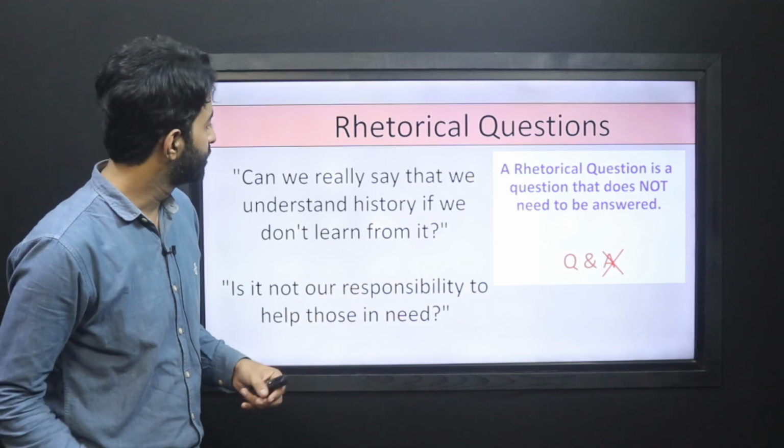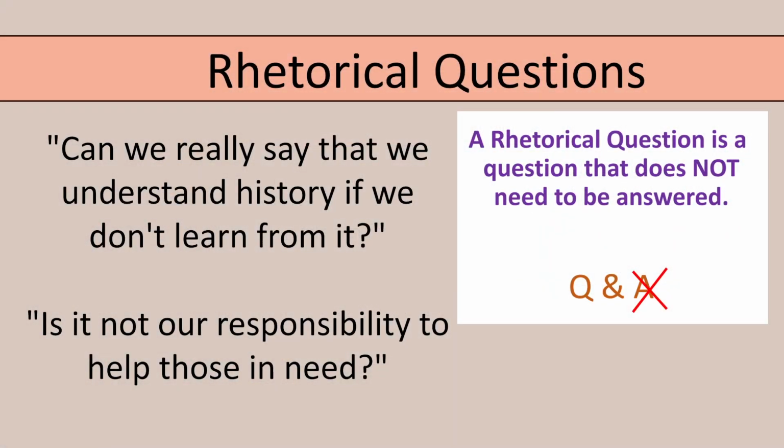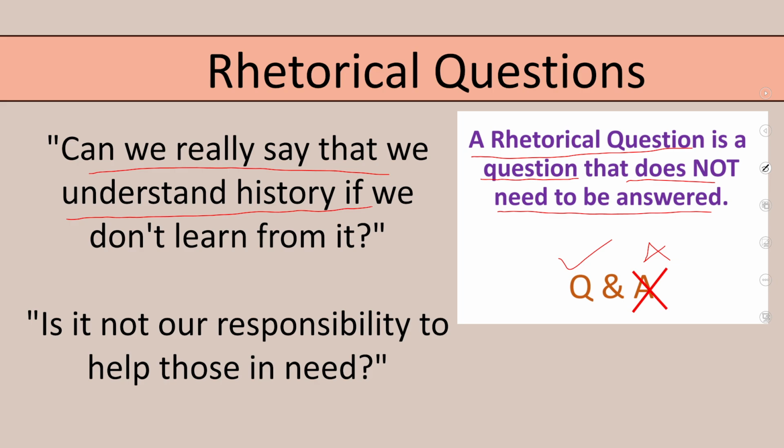Students, let's see. Here are some rhetorical questions. First, let us see that a rhetorical question is a question that does not need to be answered. Yes, there will be a question, but there will be no answer. For example, can we really say that we understand history if we don't learn from it? Now, imagine that your audience is listening to you and you're emphasizing the importance of understanding history and learning from history.